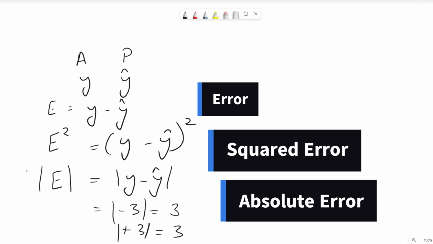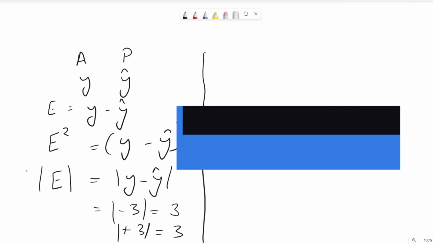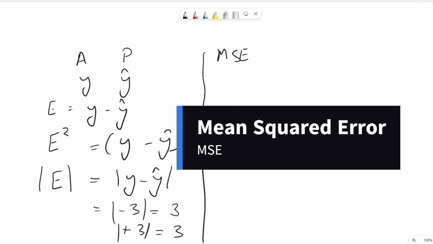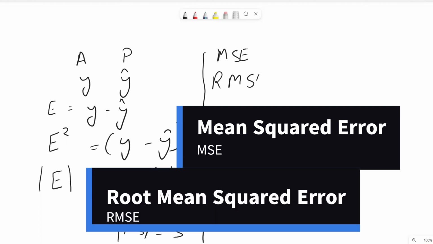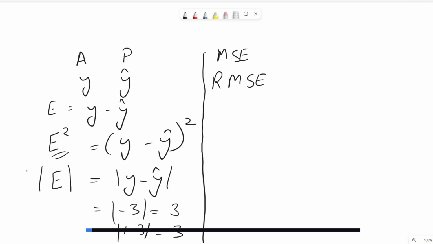So this is squared error, and this is absolute error. But now in the field of machine learning error analysis, we talk about something known as mean squared error, MSE, and root mean squared error, RMSE. From this squared error, you can always deduce these formulas.